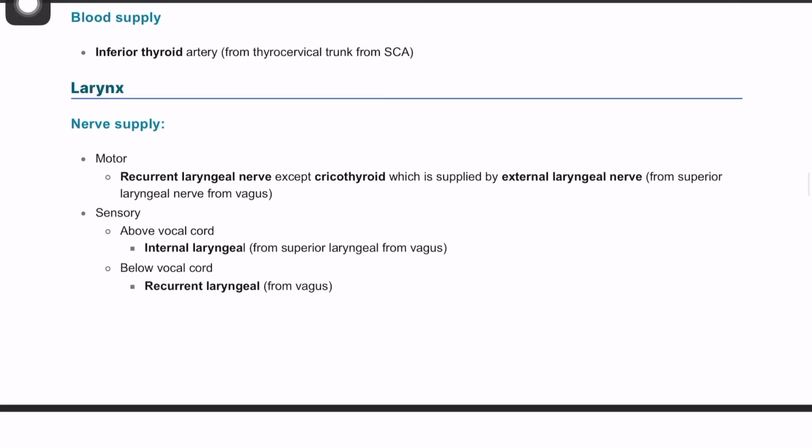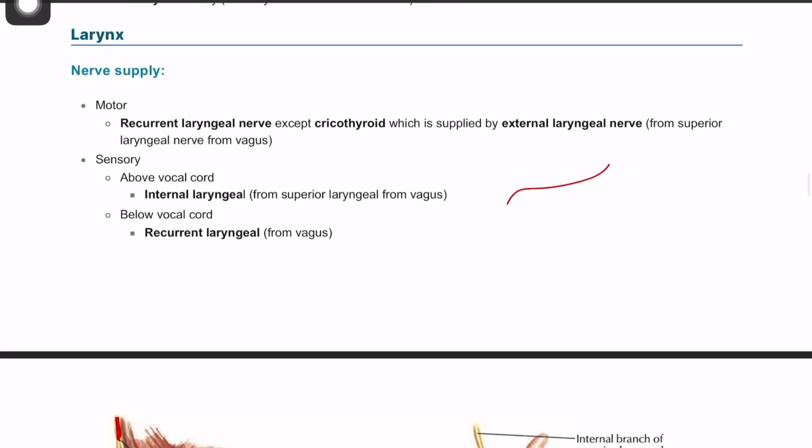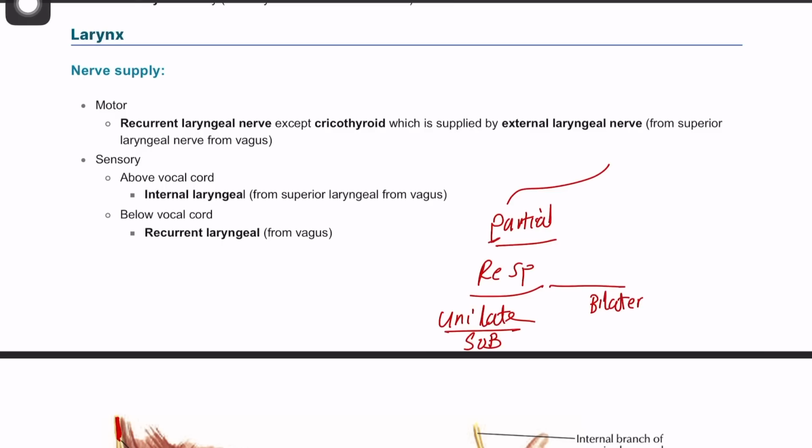I prefer to mention partial or complete nerve injury rather than unilateral and bilateral, because partial reminds me that it is mainly respiratory, with a P. So if it's partial and unilateral, the patient complains of shortness of breath. If it's partial and bilateral, it's basically respiratory compromise, and this is an emergency. All right. And again, we're going to mention this in a little bit more detail, and it'll be very clear with some images in a minute.